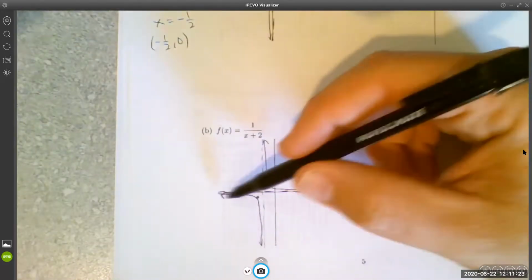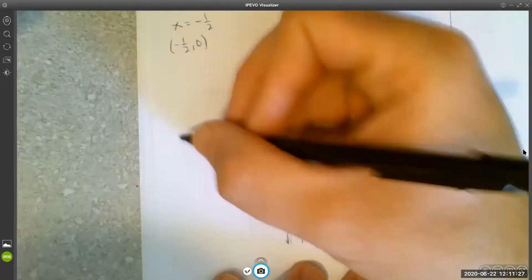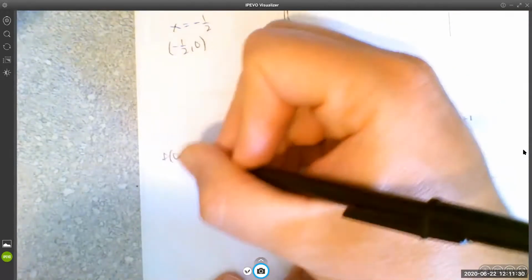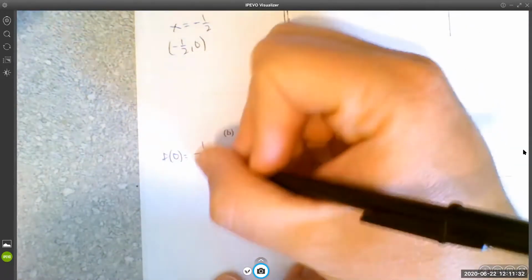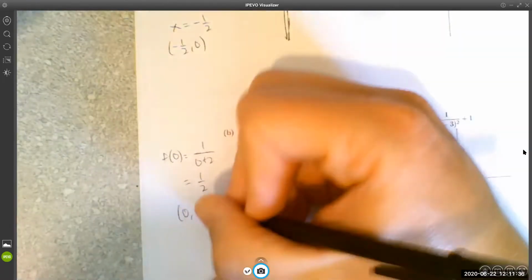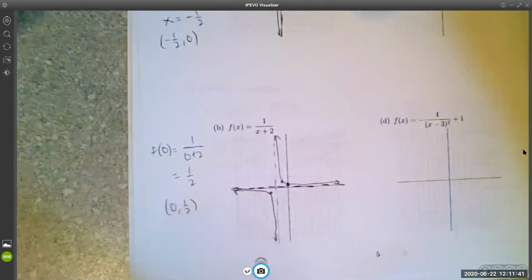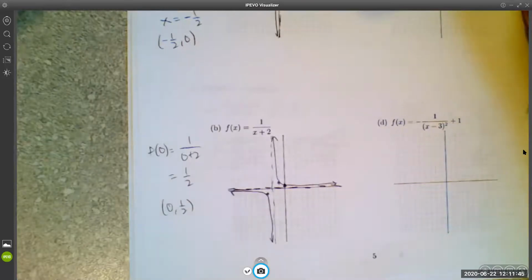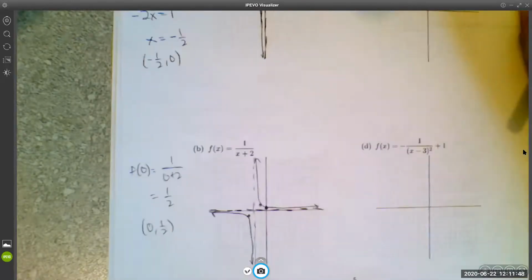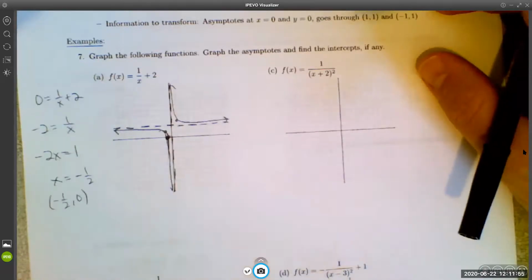This graph is never going to cross the x-axis, but I do have a y-intercept, and I find that by plugging in 0 for x. All right, so 0, 1/2 is the y-intercept. So that's that idea. I don't think I'm going to find the x and y intercepts anymore, just in the interest of time, because I hopefully you have the idea behind finding intercepts. It's the same as finding the intercepts of any function, right?